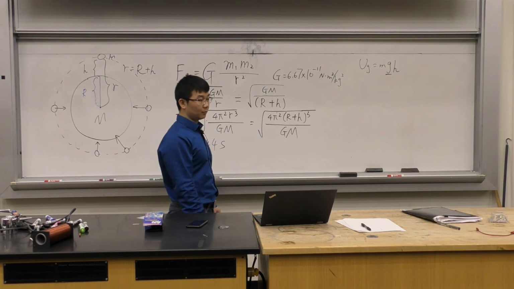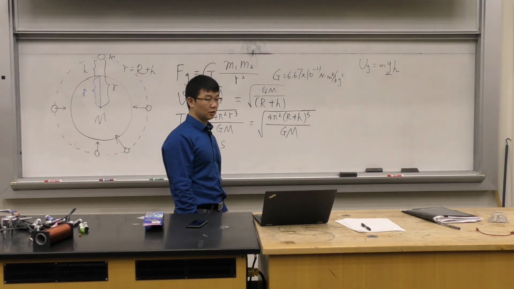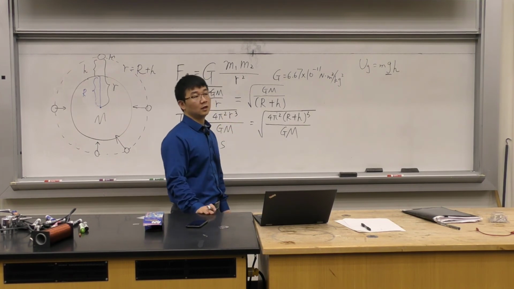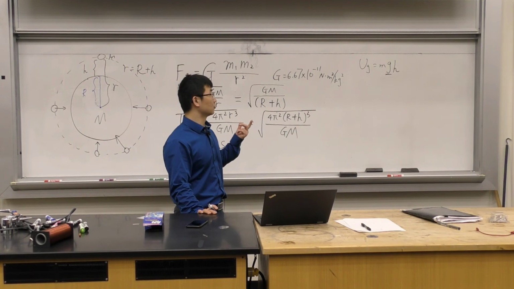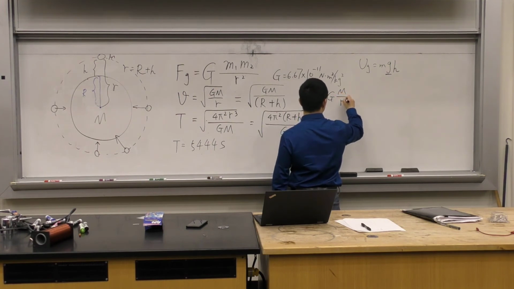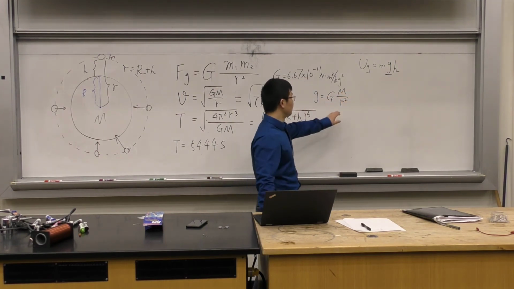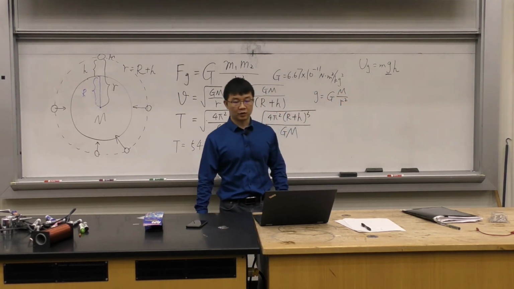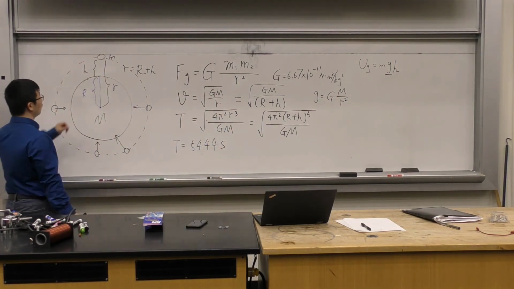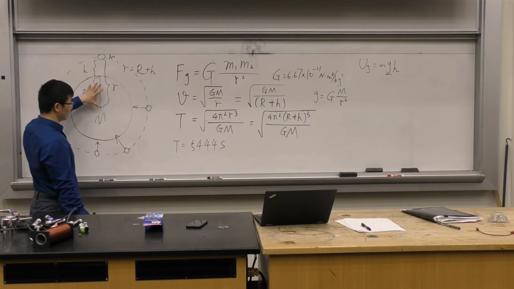So if you talk about an object very far away from the Earth but still orbiting it, you want to use the energy method. This equation is not going to work because this little g is going to change. It's not even going to be a constant. This is the conclusion we drew: it depends on the distance from the object to the center of the Earth, and of course, if the distance changes, the little r changes, right?